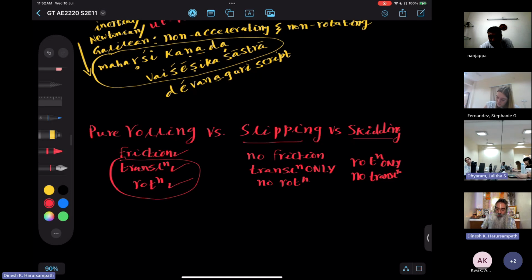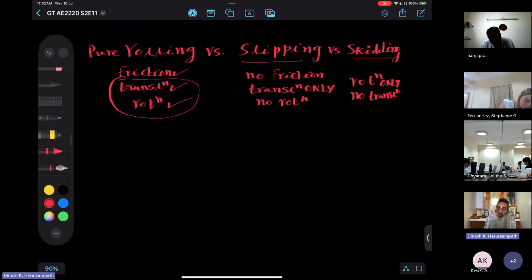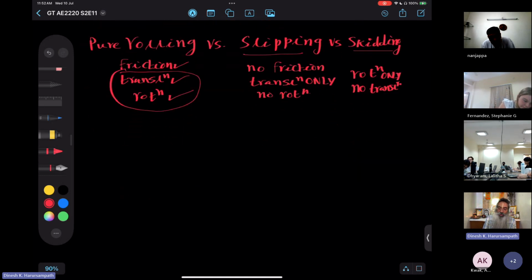You're bringing in the concepts of friction, translation, and rotation, all of which are very critical in understanding the distinction between these three, and therefore we are moving in the right direction. Would anybody else like to further qualify these things or even change them?